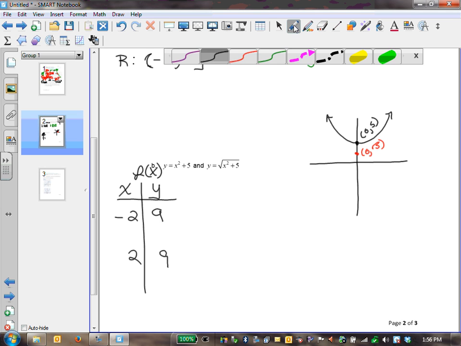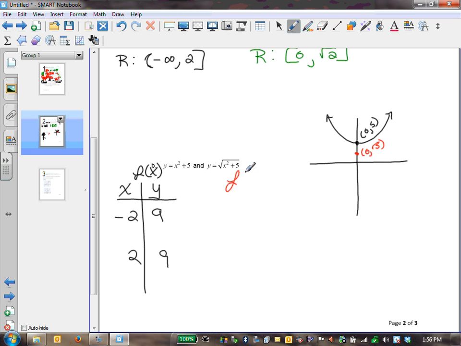Perfect. So if I do the same table of values for my radical graph, I just square root those numbers. Oh, so glad I picked 2. I'd like to say I planned that, but I really didn't.